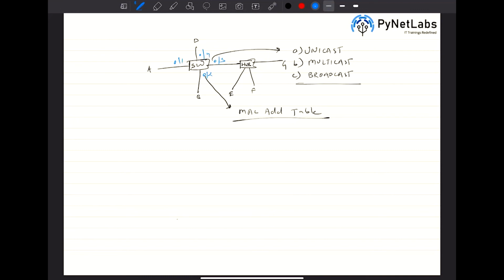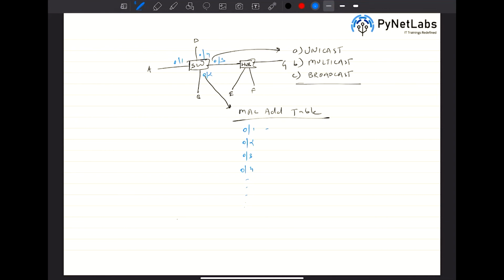If all the devices are connected over here, the switch will have the list of all the ports that it physically has connectivity on.